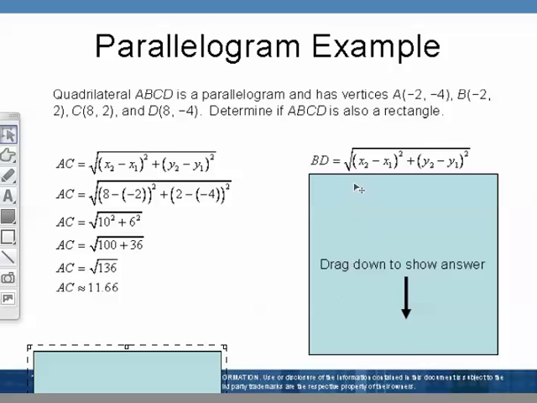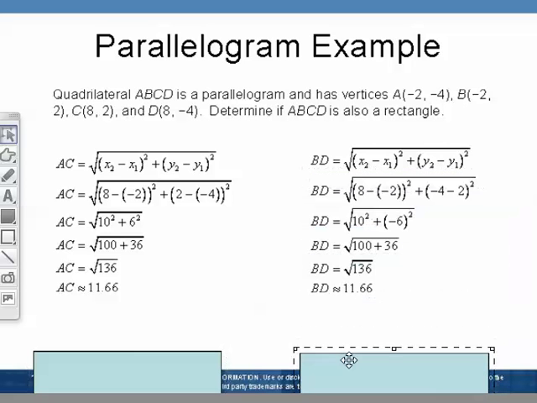And I take B and D, and I find the distance from B to D, and I get 11.66. Since the diagonals are the same length, that tells me it is a rectangle. It might be a square, but we weren't asked to find that. We were just determining if it was a rectangle.